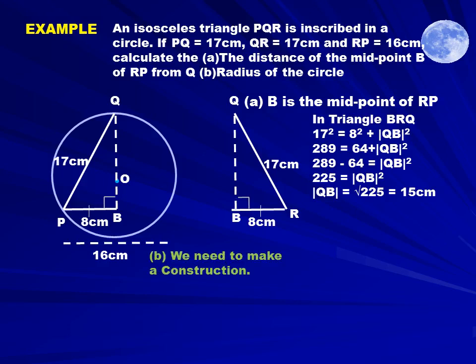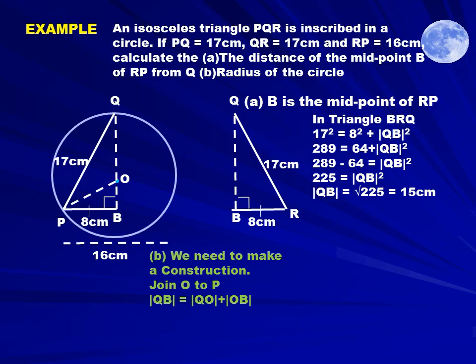Now to find the radius of the circle, I'm going to use the remaining half of the triangle that is inside the circle there. Now I need to make a construction. I must join O to P. See that? Now the distance O to P is a radius, and so is the distance O to Q. Now I need to find an expression for the length BO.